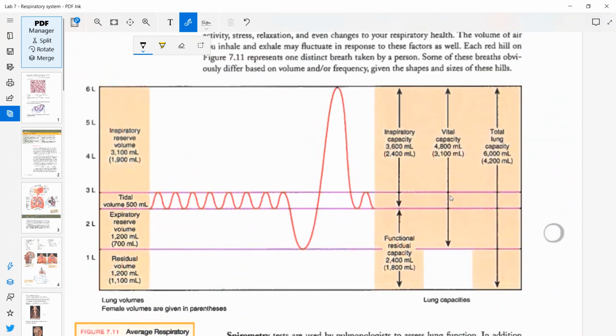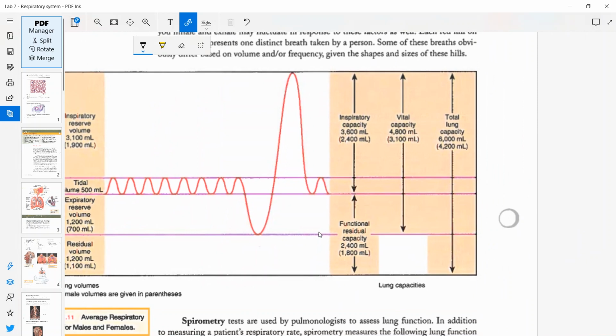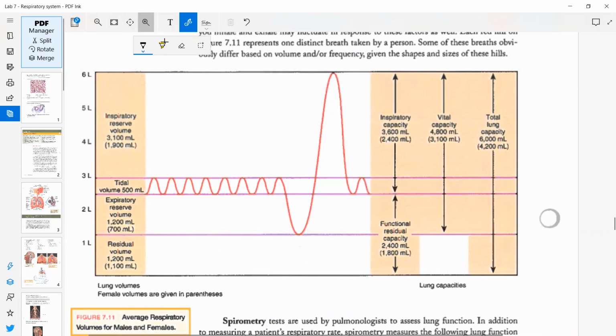So this is your tidal volume, okay? That tidal volume reflects your just breathing, normal breathing, day-to-day breathing.